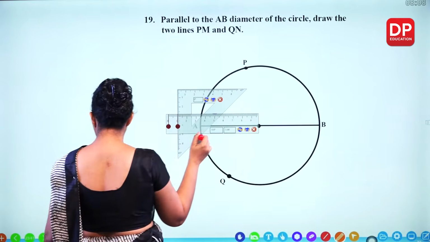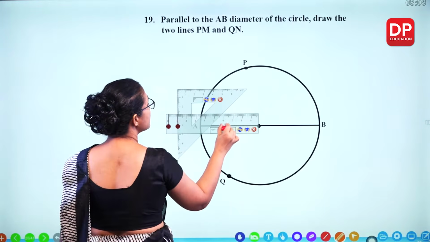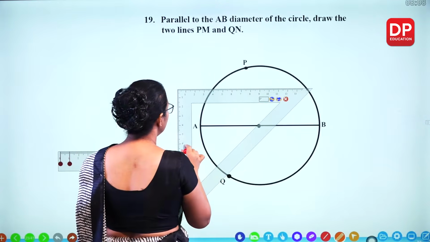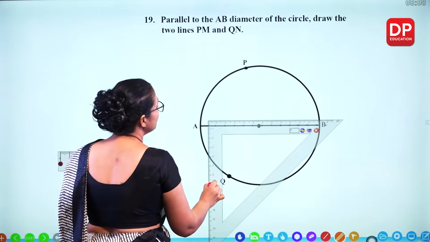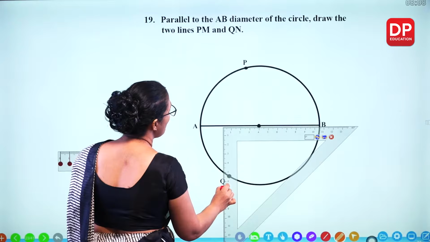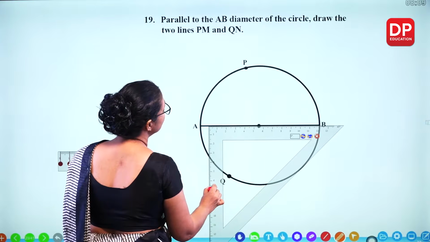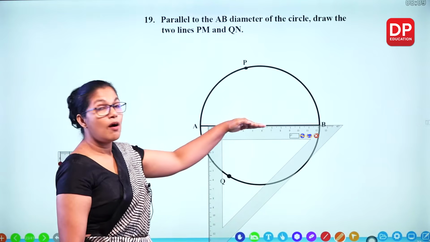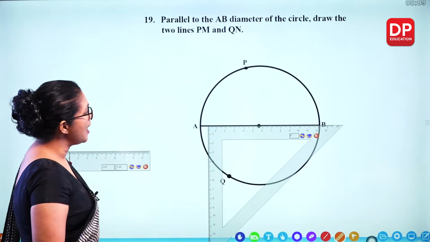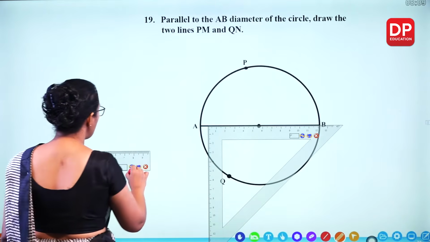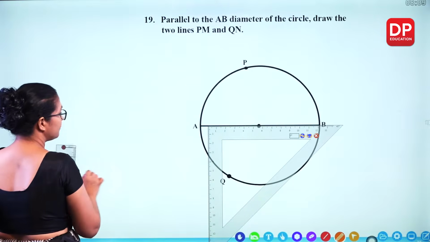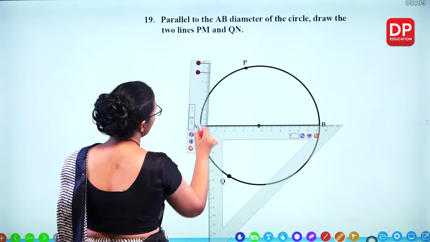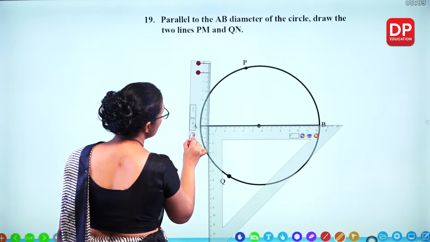What you do first, you take the set square and keep it on top of the AB line like this. One edge should be on the straight line AB. And then take the ruler and keep it on top of this edge.